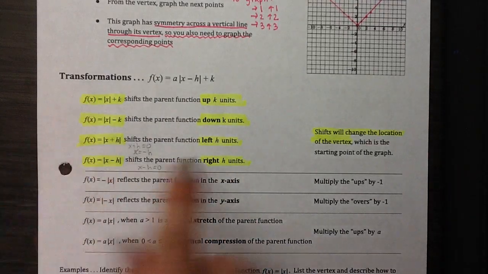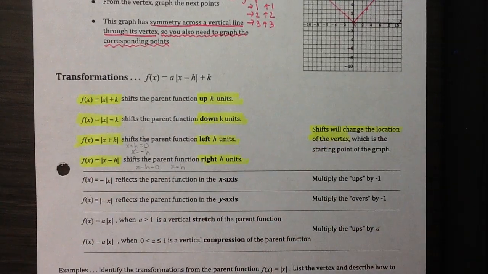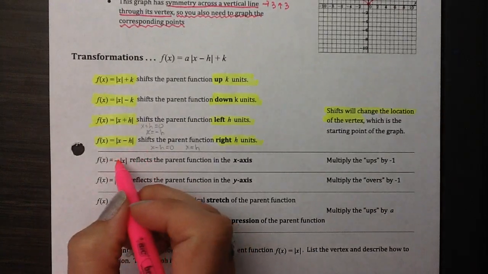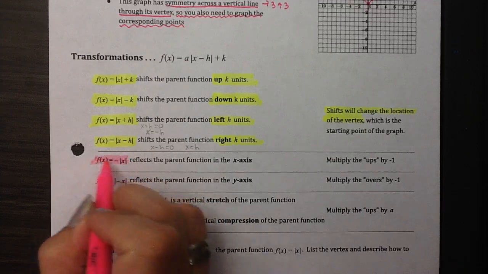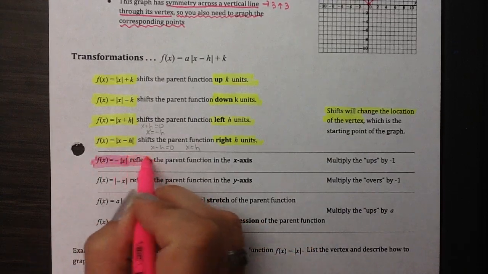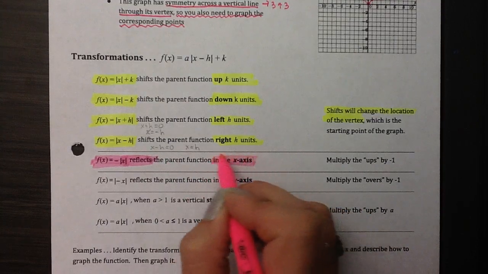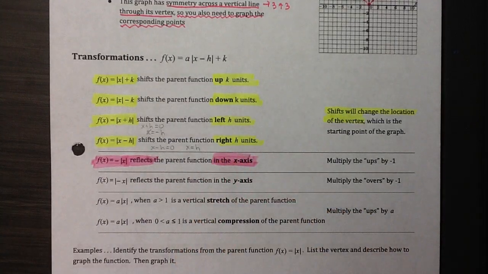So all 4 of these are going to change the location of the vertex, which will also in turn change the location of the entire V shape. If you have a negative sign out in front of the absolute value symbol, that is going to reflect the graph in the x-axis, or across the x-axis.